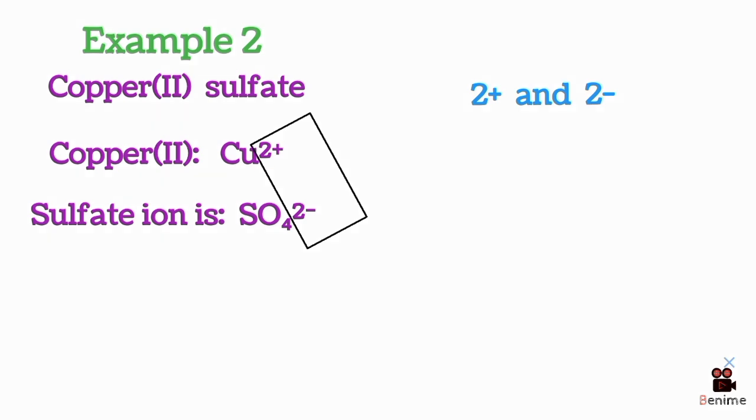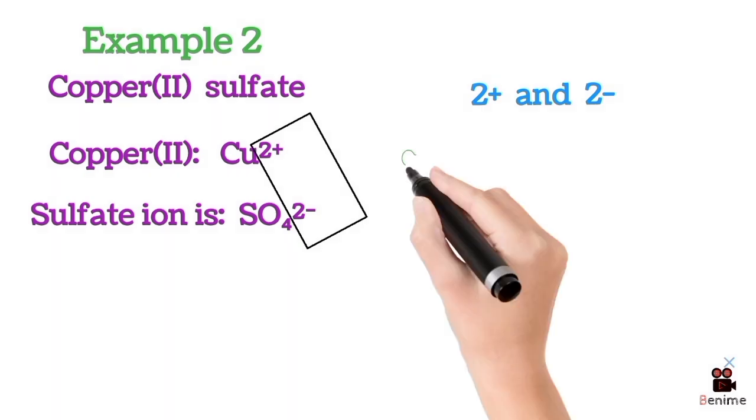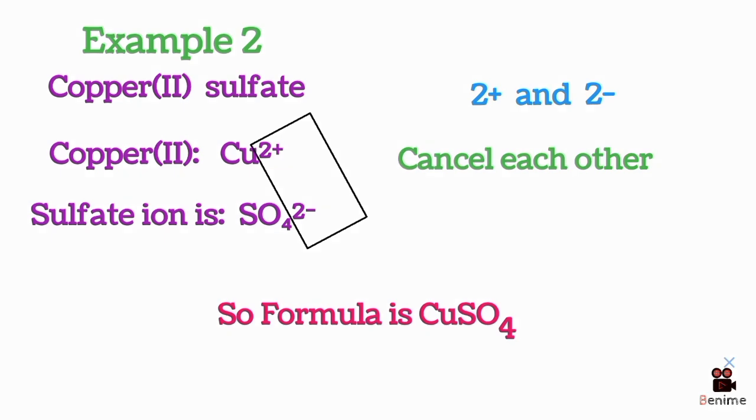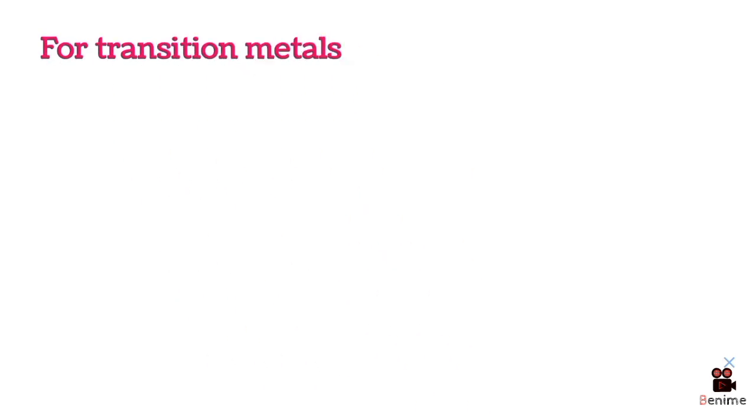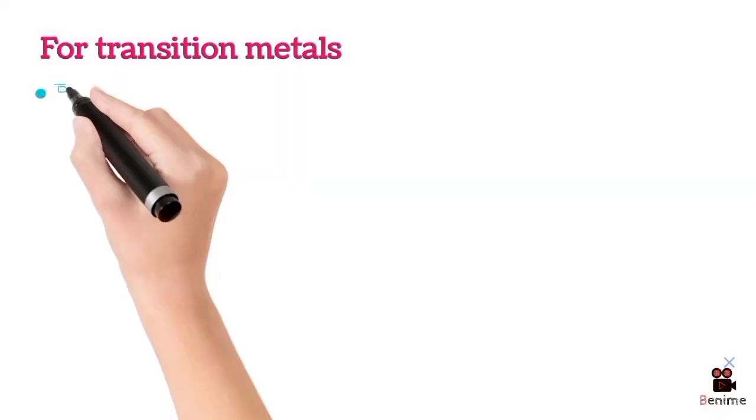Copper has 2 positive charges. Sulfate has 2 negative charges. Because the charges are equal, they balance perfectly in a 1-to-1 ratio and the charges cancel each other. Step 4. The final formula becomes CuSO4.